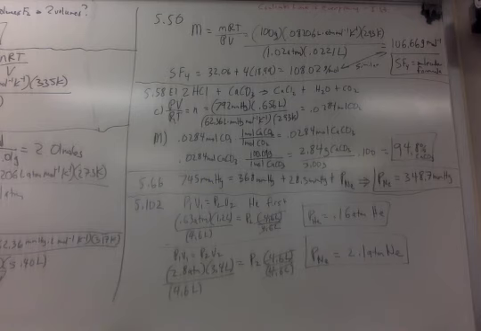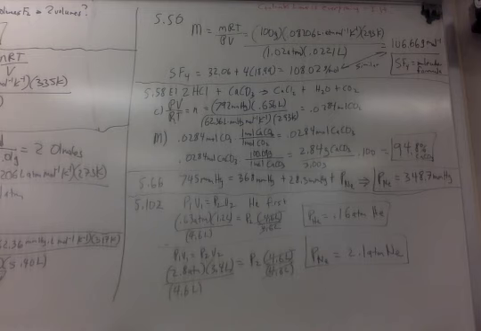Plug it all in, you get a molar mass of about 106.66 grams per mole. If you add up the SF4 formula, you get 108.02 grams per mole. And so it looks like a 1-to-1 ratio there. So SF4 is both the empirical and the molecular formula of this compound.